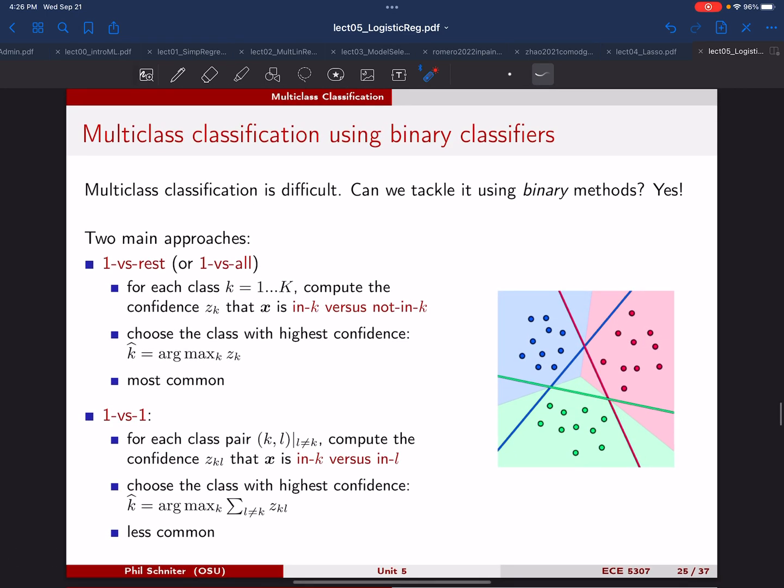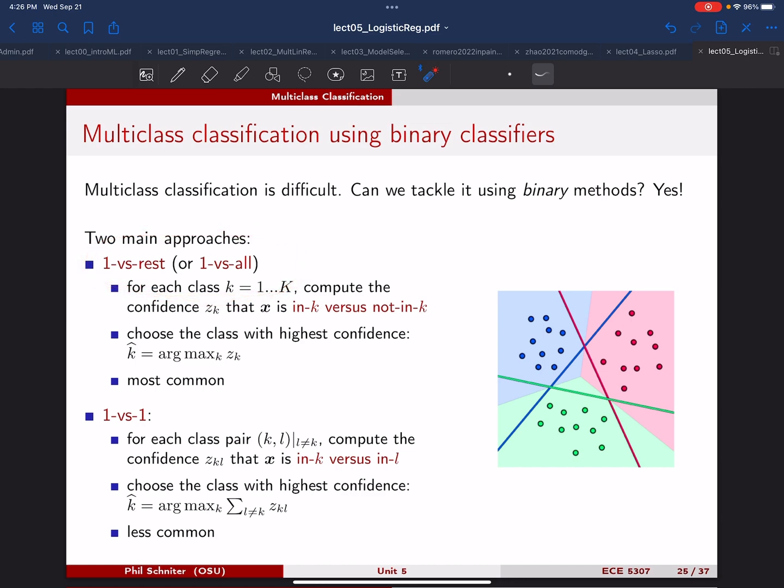Okay, so multi-class classification is a lot trickier than binary classification, and there are a lot of different ways to do it, but the main approaches people use can be split into two groups.